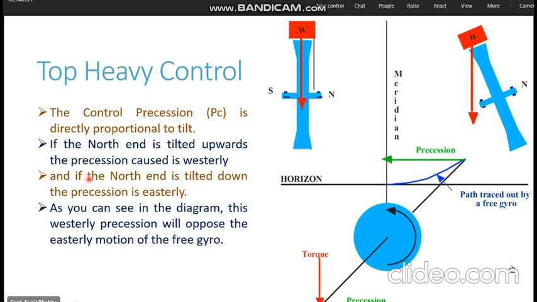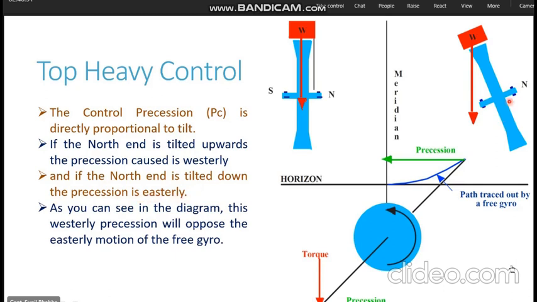Now we can easily understand that if the north end is tilted downwards, the precession generated will also be exactly opposite, and in this case the precession which is generated will be easterly.